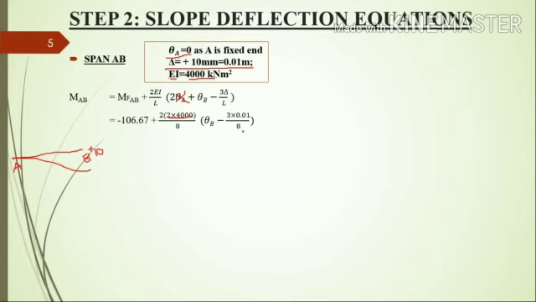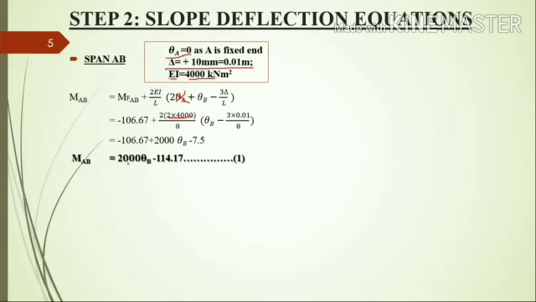Calculating these values, we get MAB is equal to minus 106.67 plus 2000 theta B minus 7.5. So we get MAB is equal to 2000 theta B minus 114.17. This is our equation number 1.